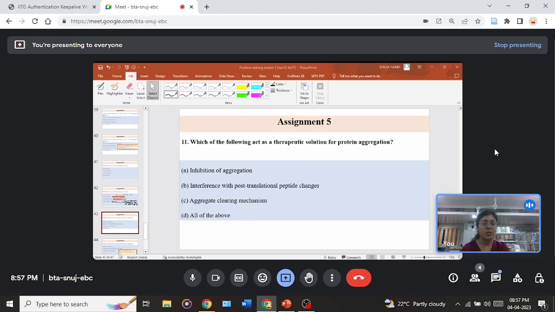Let other people also absorb the question. Which of the following help us to avoid protein aggregation? That is, which of the following acts as a therapeutic solution for protein aggregation? Inhibition of aggregation, interference with post-translational peptide changes, aggregate clearing mechanism, and D is all of the above.